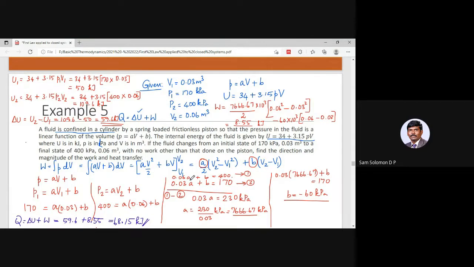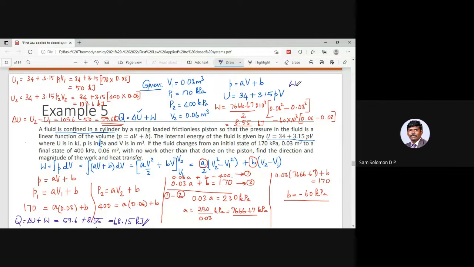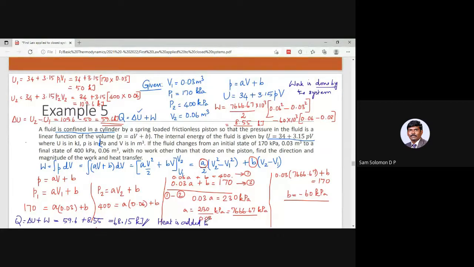So we have got the magnitude of work transfer and heat transfer, and then they're asking to find the direction. So the direction means, here work is done by the system, and in this case heat is added to the system.